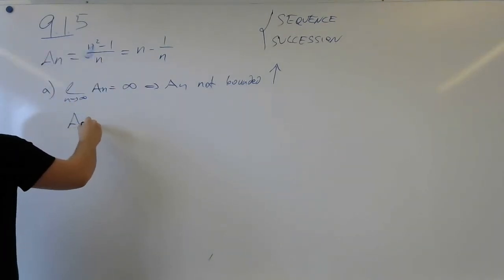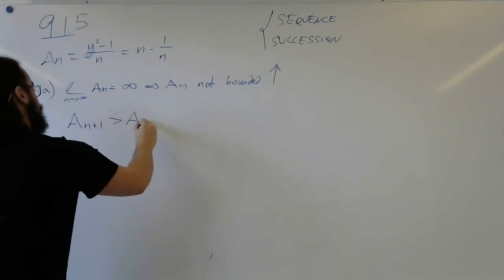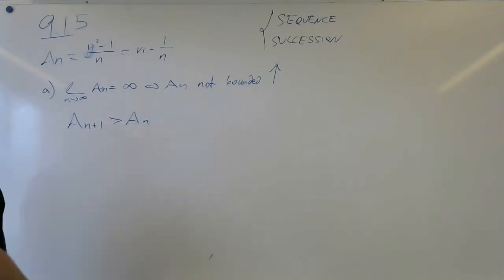However, we notice that a_(n+1) is greater than a_n. How do we do that?